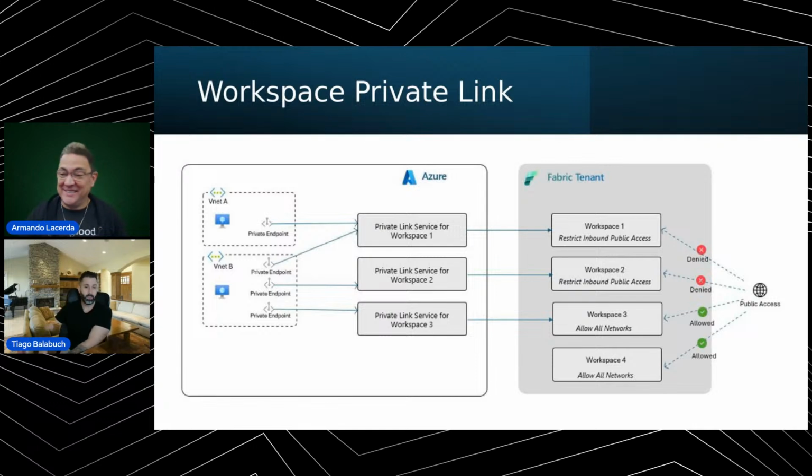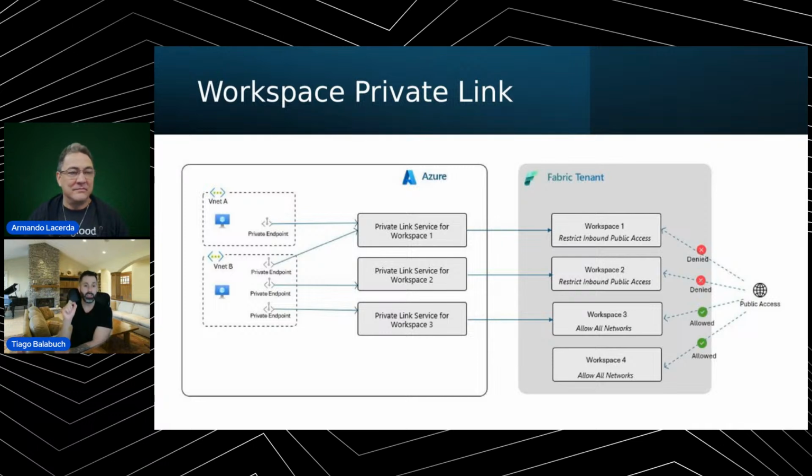I like it. And it's important to understand that, for example, in this diagram, you are in VNet B and you have different private endpoints. Each private endpoint is linked to one private link service for the workspace, so that's the relation we need to have. And this private link service is linked to one workspace.